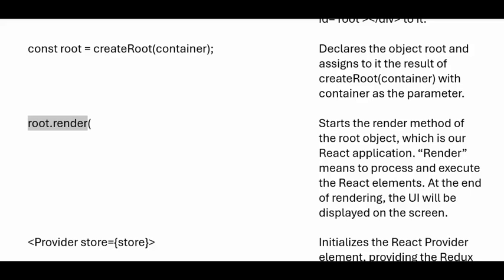That root is our React application. Render means to process and execute the React elements, execute the code, the script of React elements. At the end of rendering, the user interface will be displayed on the screen.